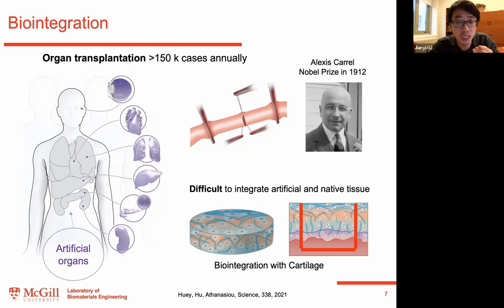And one of the primary challenges there is how you can integrate the artificial, tissue-engineered cartilage with the native cartilage. In that case, you need to not just implant this material, but ensure short-term and long-term integration between the tissue engineering material and the adjacent tissue, right? Adjacent cartilage, adjacent bone. But that has turned out to be very challenging. And that is the second focus for my talk today.